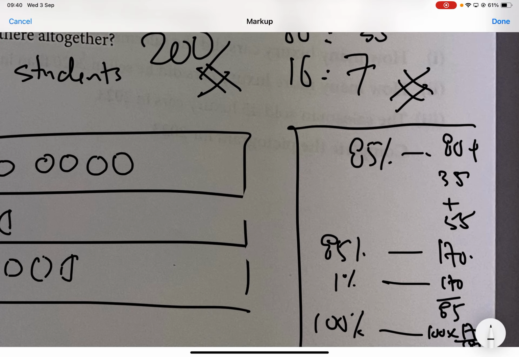When I add up the students that go to the 3 places, it is 170. 85% is 170. Then I find back what is 100%. So 170 divided by 85. Then multiply by 100. Then the final number is 200. So altogether there are 200 students. 85% went to these 3 places. 15% never go to any of these three places.